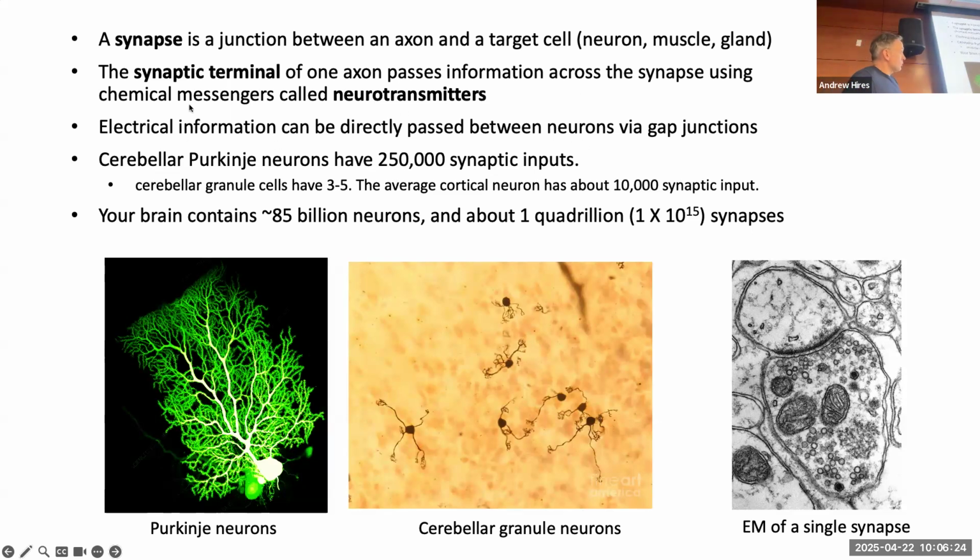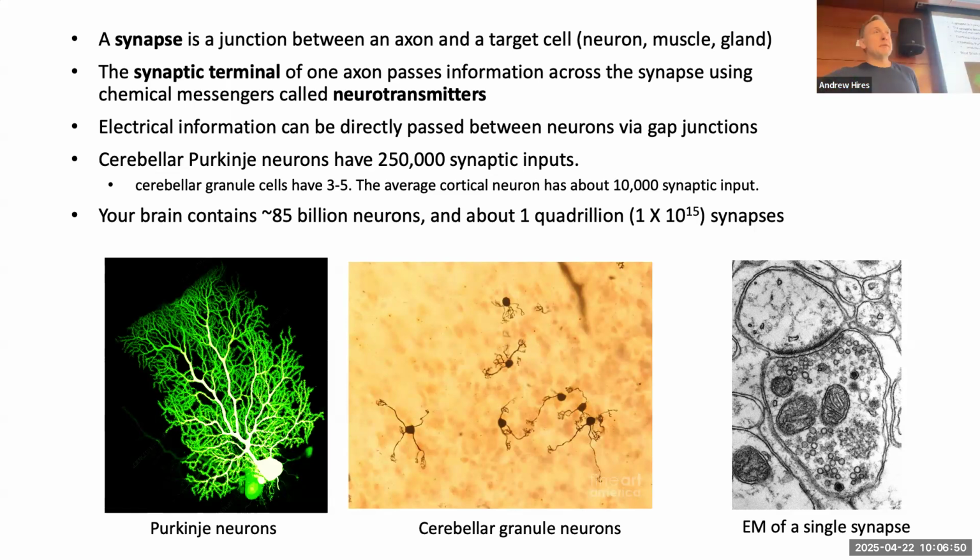So we're going to pass information from the presynaptic terminal. That's the side that's going to be releasing the chemical or neurotransmitter. And it's going to land on a postsynaptic terminal, which is the side that has the sensitive receptors for those chemicals. So that's the standard method of transferring information between two neurons: chemical neurotransmission at synapses, synaptic transmission.